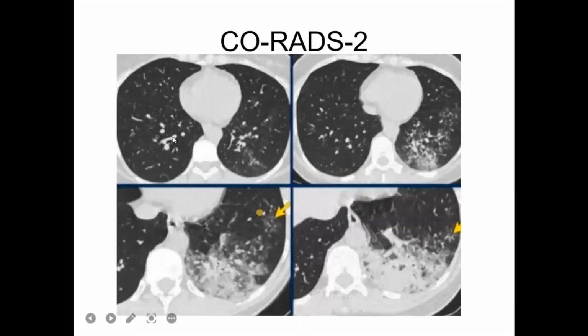So we can say that this is non-COVID, or CO-RADS 2. This is not due to viral pneumonia or COVID pneumonia, because COVID pneumonia involves multiple lobes and the opacities will be scattered. It will not spare any lobe or region like this.